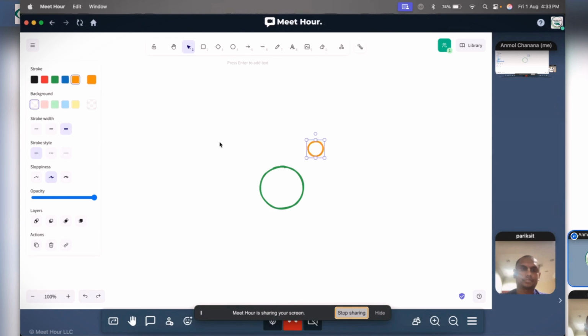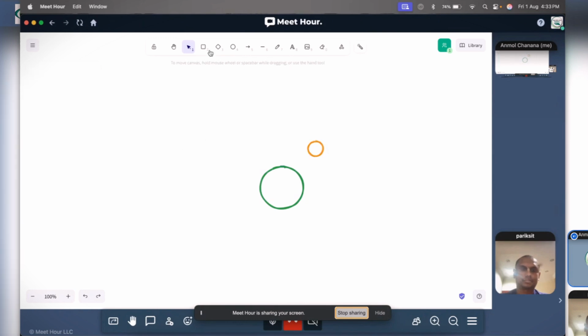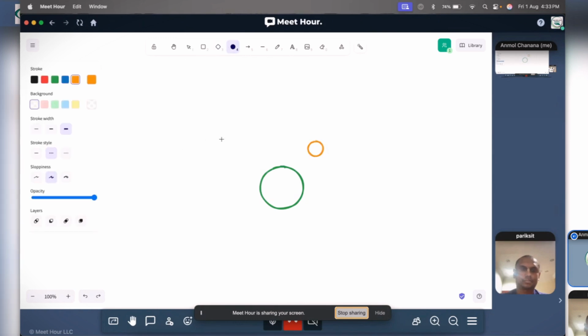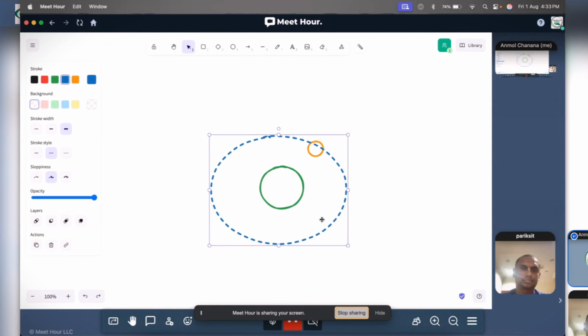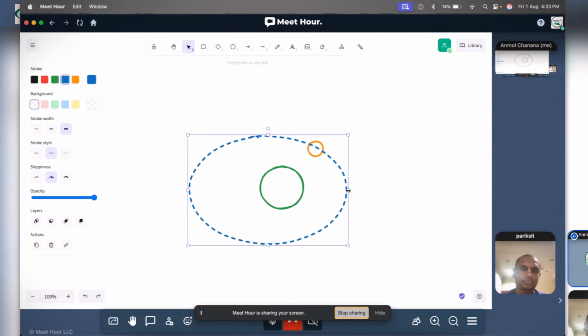Consider this is the orbital path of the Moon around the Earth.